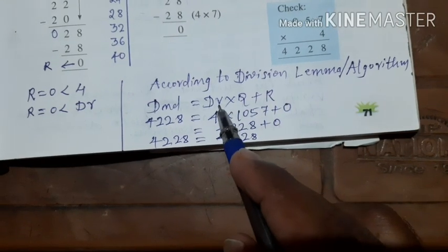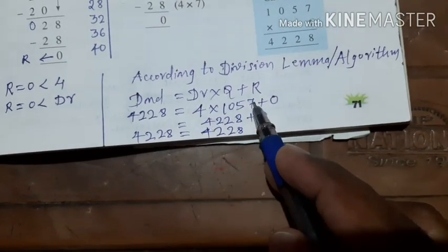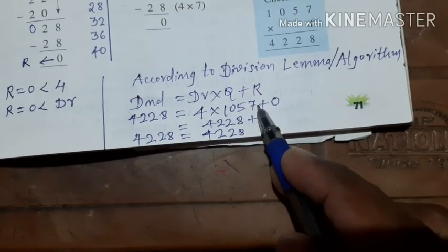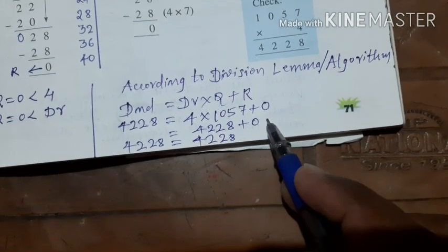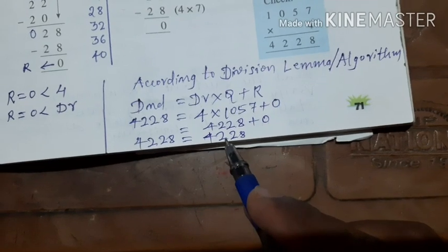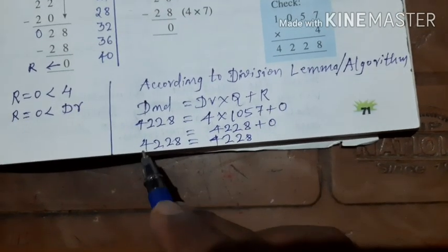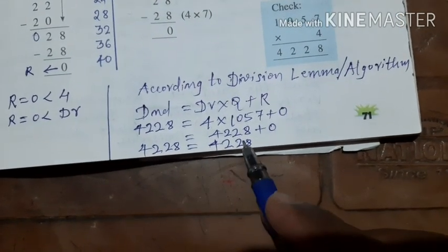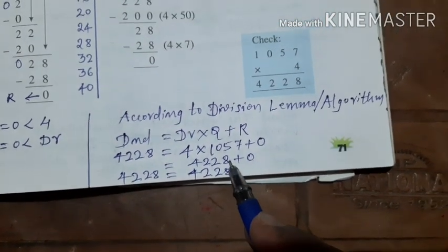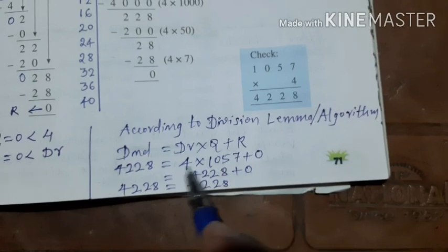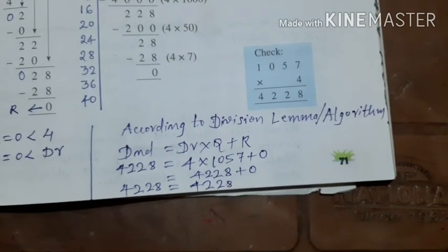The product of divisor into quotient means 4 into 1057 is 4228, plus 0 is 4228. Therefore children, 4228 is equal to 4228. LHS is equal to RHS. Hence our division is correct and hence the verification is true.